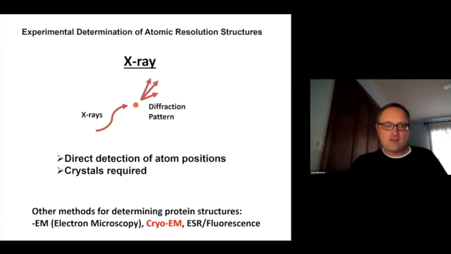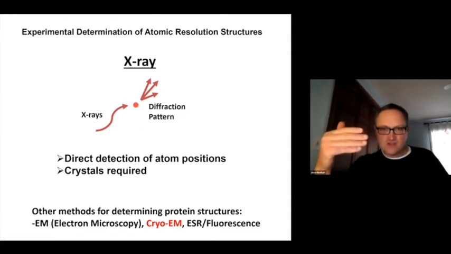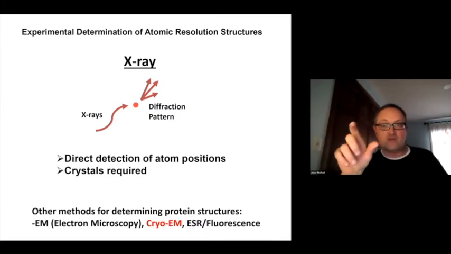So this is an incredibly overly simplified view of how an X-ray works, or allows us to see at atomic resolution the structures of proteins and nucleic acids. This image pictures an X-ray hitting an atom and producing a diffraction pattern. We were just discussing this concept of what's the resolution limit, and we now have X-ray sources that can diffract at resolution that's below the distance between two atoms.